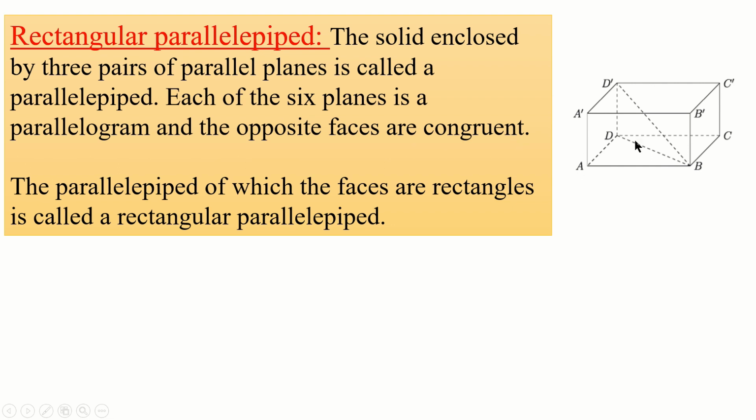That means top face and bottom face are opposite to each other and these are congruent. And front and back faces are opposite and these are congruent. Similarly, this and this are congruent. The parallelepiped of which the faces are rectangles is called a rectangular parallelepiped.